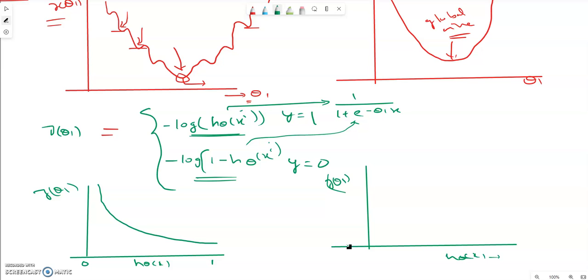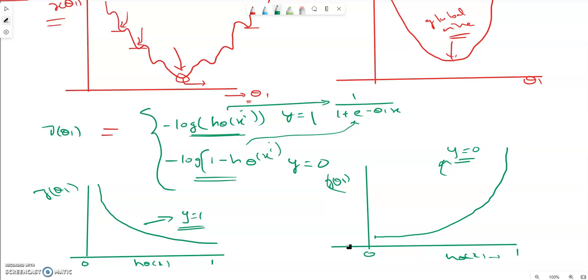Here also I have a value from 0 to 1 because it is a classification problem. This time my graph looks something like this, and this is the curve when y is equal to 1, and this is the curve when y is equal to 0.